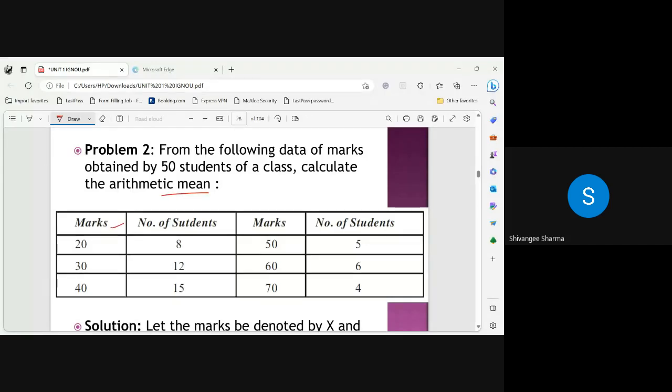We have marks 20 obtained by 8 students, 30 marks obtained by 12 students, 40 marks obtained by 15, and so on, like 50 by 5, 60 by 6, and 70 by 4. And if you want to take the average of this, then the number of students will become your frequency, and marks will become the data which you are analyzing.